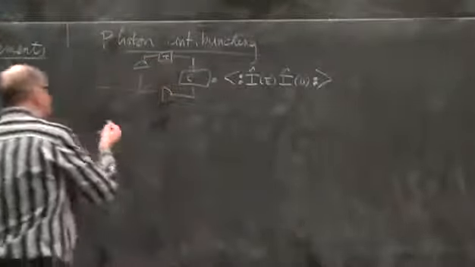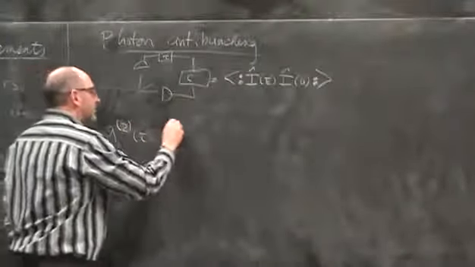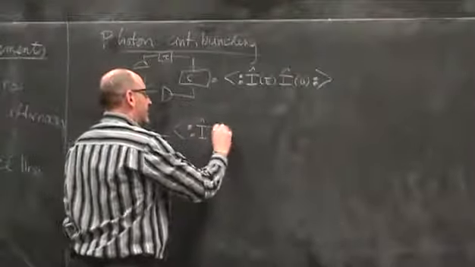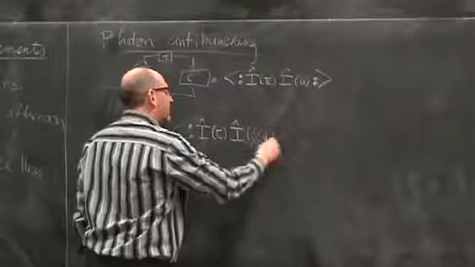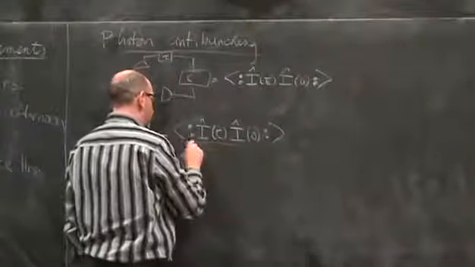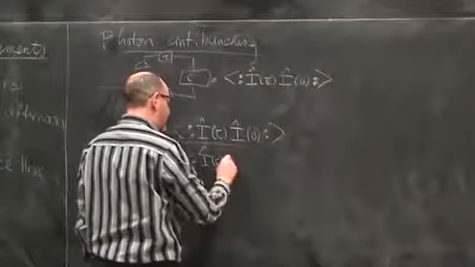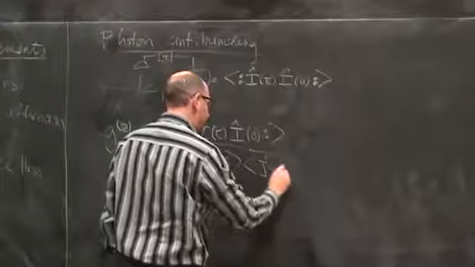And if we look at the normalized version of that, which we call G2 of tau, which is the ratio of this correlation function to the product of these correlations, so the average of this times the average of this.